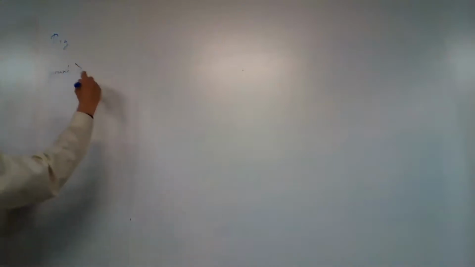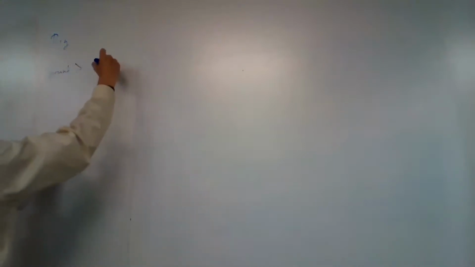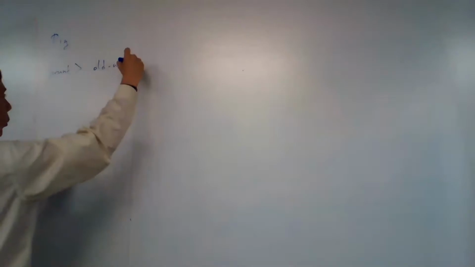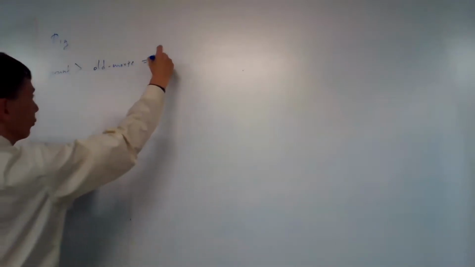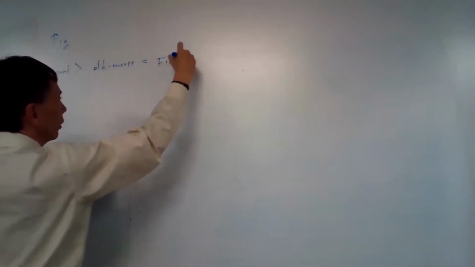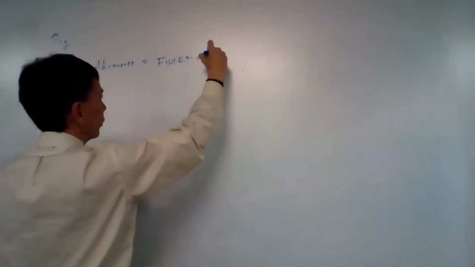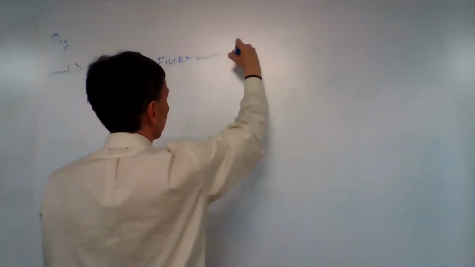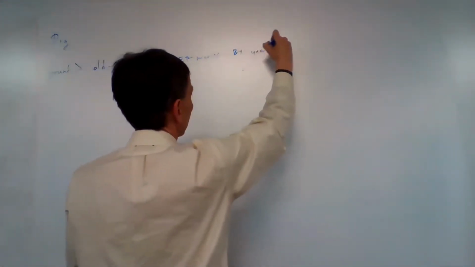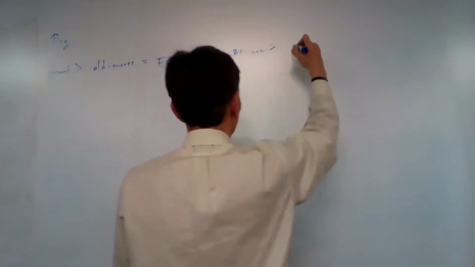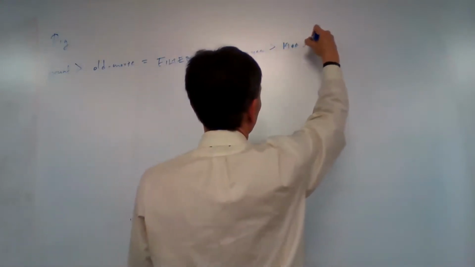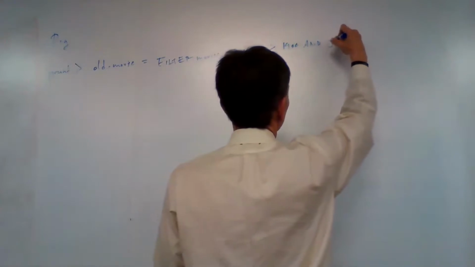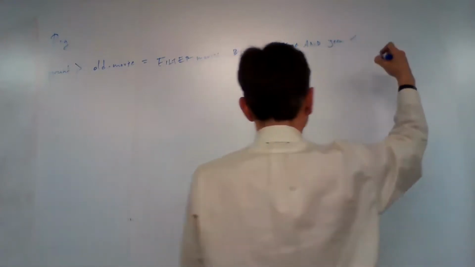So you can do things like this. So in grunt, I could say something like old movie equals filter movies, that's the CSV I loaded, by year greater than 1900 and year less than 1960.